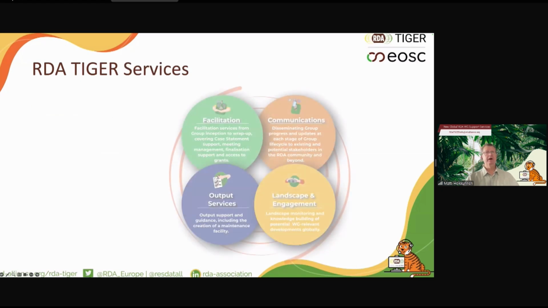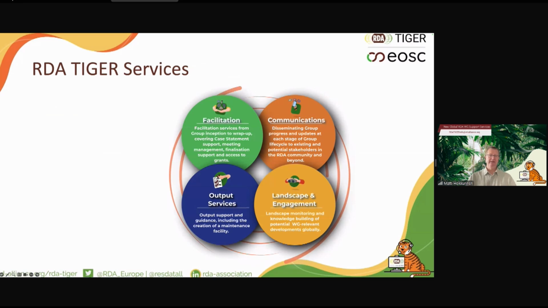The services that we provide: first, facilitation, which is somebody working with the co-chairs, keeping track of the progress and assisting them. It's not a secretary, but it is assisting in a process, making sure things are being kept track of, that we are following the timeline, and alerting if there are any issues to look into.